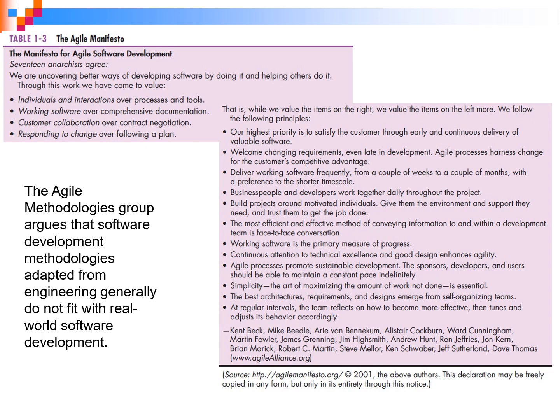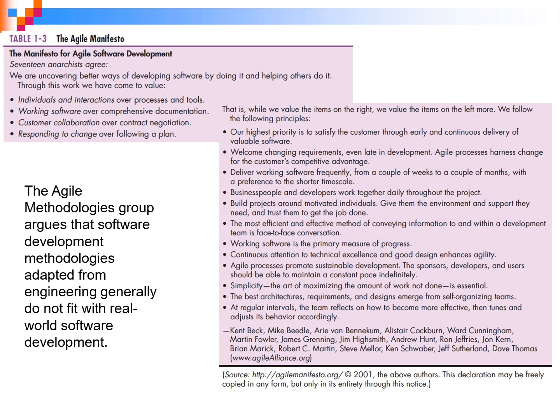Kasi nga, hindi siya dynamic at hindi siya fluid type. Okay, so Table 1-3 is the Agile Manifesto for software development. Okay, so 17 anarchists agree that we are uncovering better ways of developing software by doing it and helping others to do it.